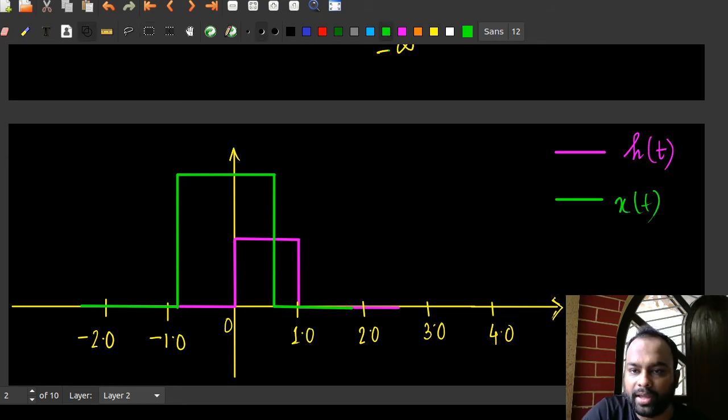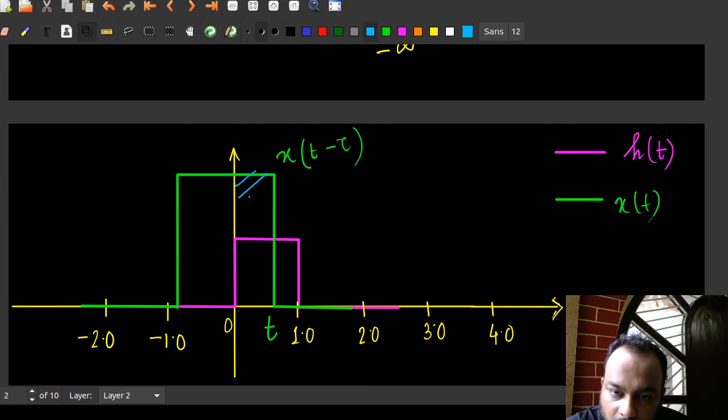So this is an arbitrary position where this is t and this is x(t minus tau). Okay, and this is the overlapping area.